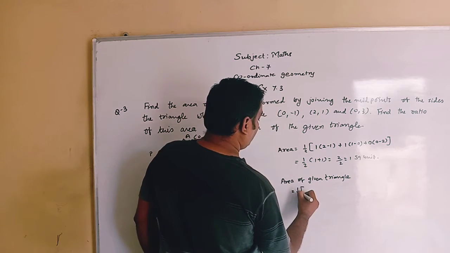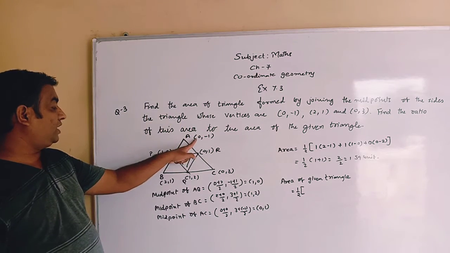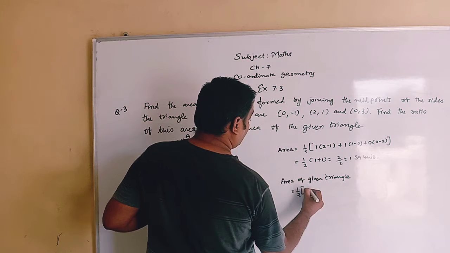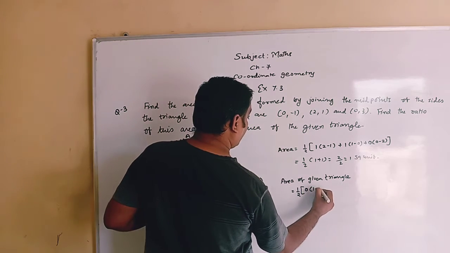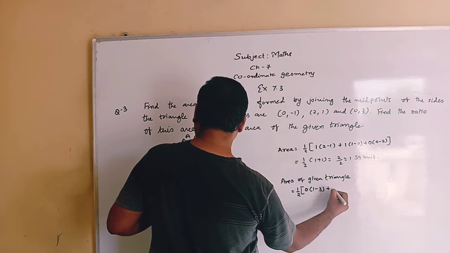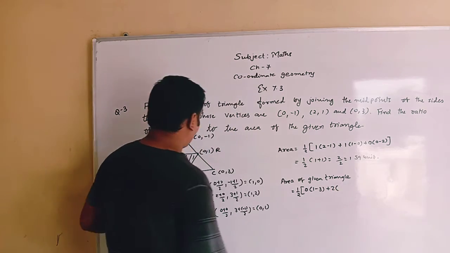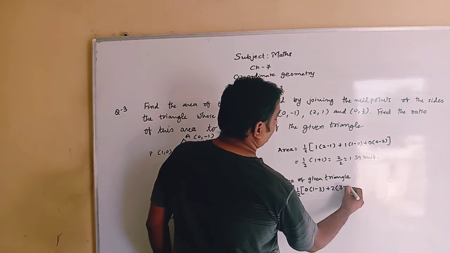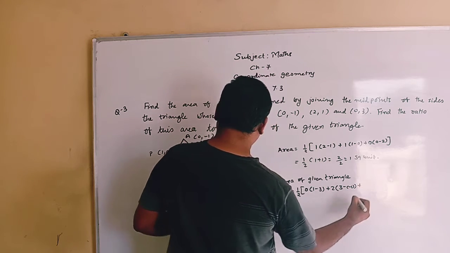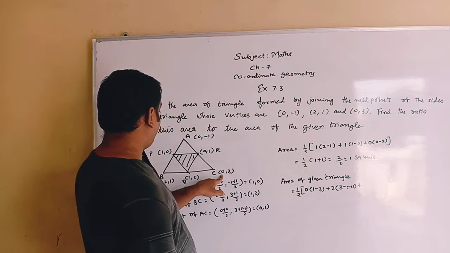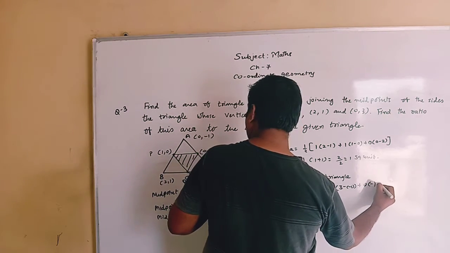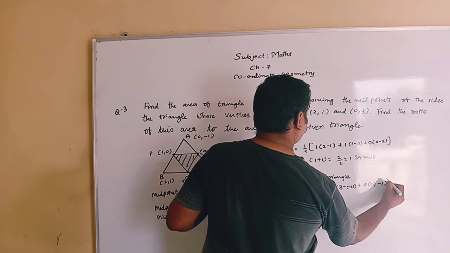1 by 2, 0 into 2 minus 0 into 1 minus 3 plus 2 into 3 minus minus 1 plus 0 into minus 1 minus 1.